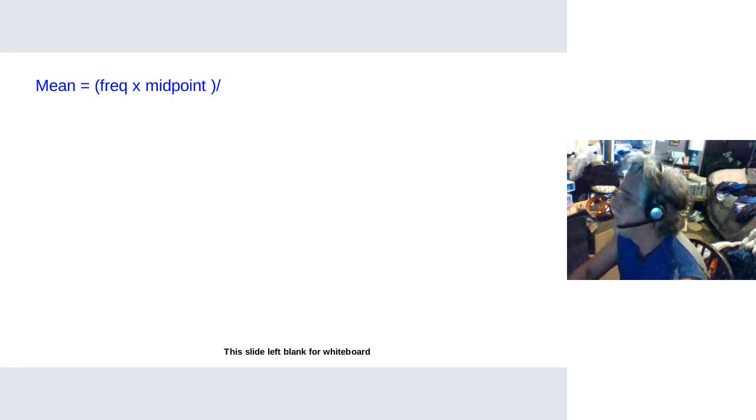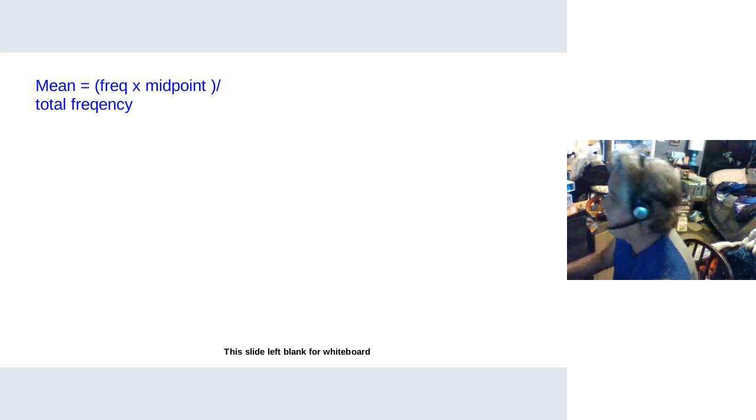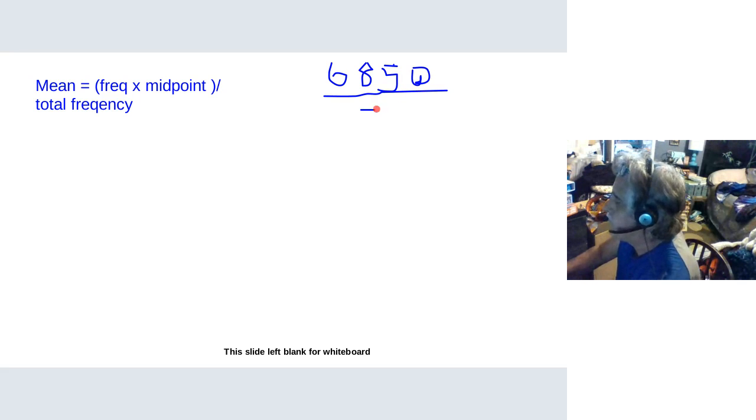The sum of the midpoint times frequency, divided by the total frequency. All right, so let me go ahead and just write it out. So we had 6,850 divided by 50, and you can do the calculation if you want, and then we'll double check.